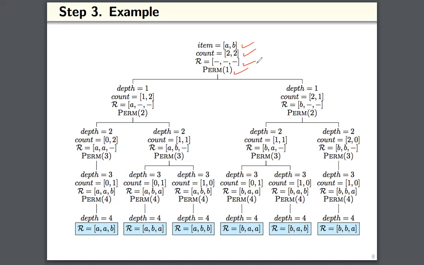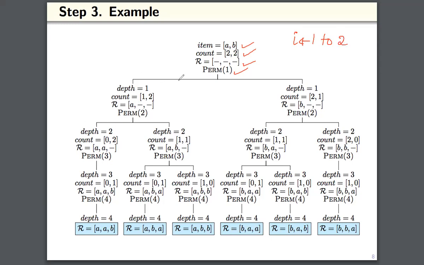Okay. So then what happens? You have a loop. What is the loop for? That loop is I is equal to 1 to u. So here u is 2, so I is equal to 1 to 2.